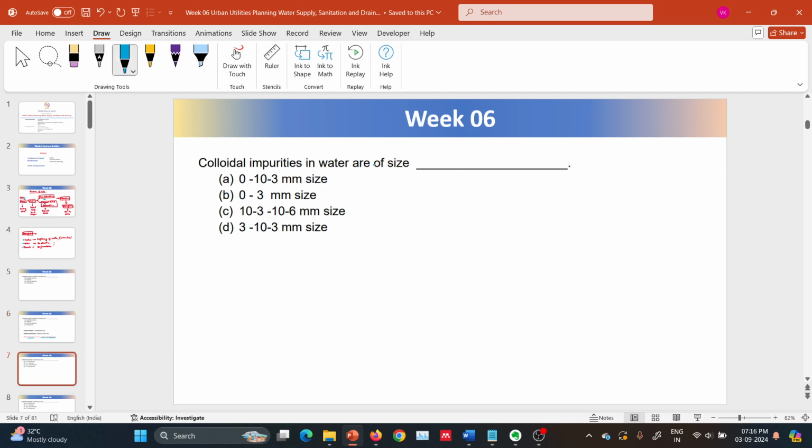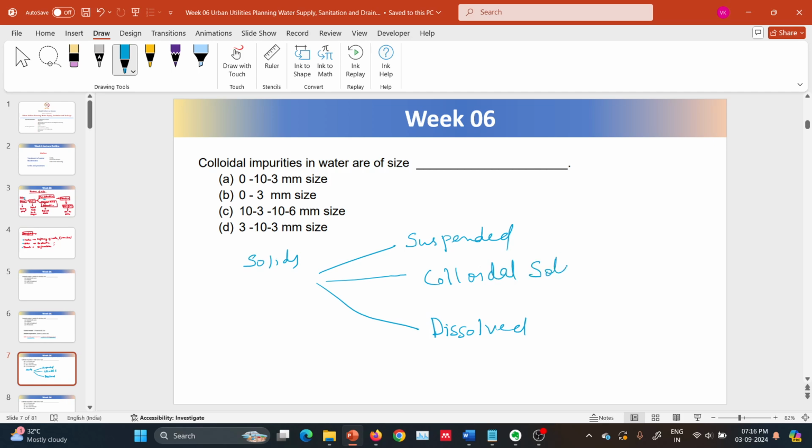Colloidal impurities in water are of what size? If I divide the solids, we have suspended solids, and then dissolved solids, and there is a range in between, which are called colloidal solids, and these solids impart turbidity.